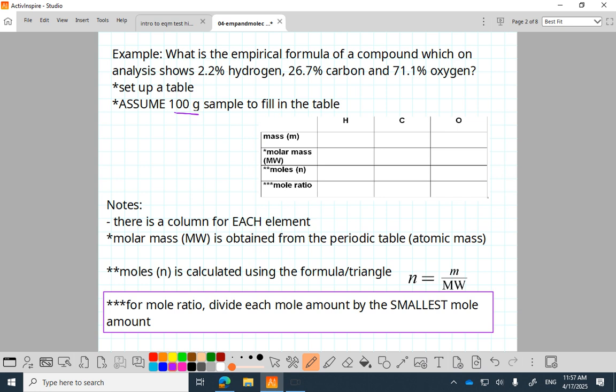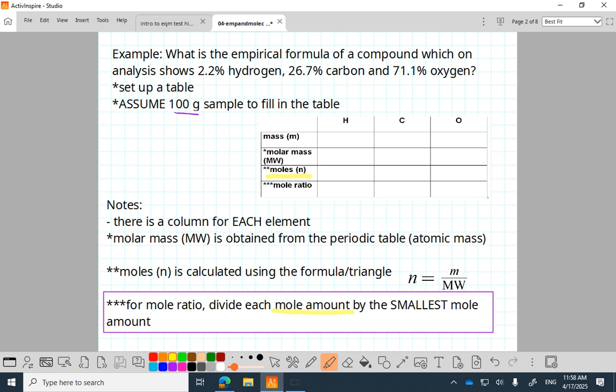So what we really care about when we're looking for the ratio is, how do they compare to each other? Not to all the carbon in the world or all the oxygen in the world, how do they compare to each other? So the way that we figure that out in the most reduced way, when you get to the end, you're going to divide each mole amount, so this line, by the smallest mole amount.